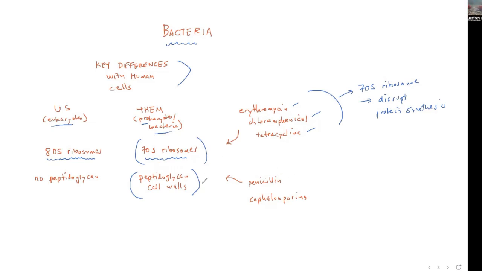And what they do is they target the synthesis of peptidoglycan. If the cells are not able to make new peptidoglycan properly, they're not able to make cell walls properly. And so these drugs are targeting cell wall synthesis, which is going to effectively make it impossible for the bacterial cells to keep their cells together, and they fall apart and die, right?